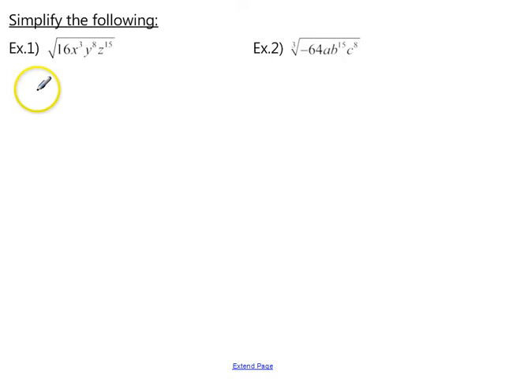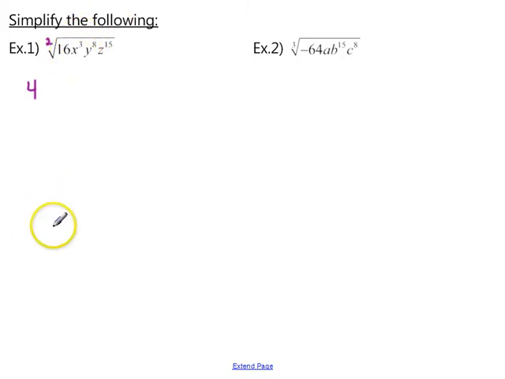Here we want to simplify the following radical expressions, but this time we're going to have variables. So remember, in example 1, the square root has an invisible index of 2. And the way we're going to do this is take the square root of each term. So the square root of 16 is 4. Now when we're working with variables, this is an easy way to think about it.